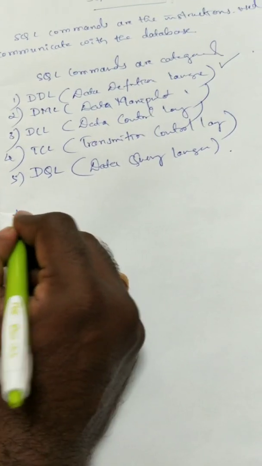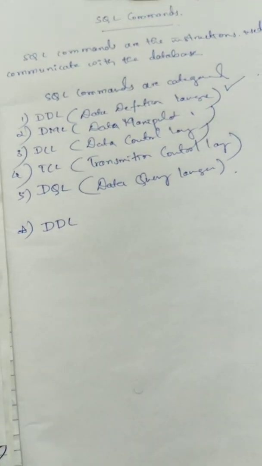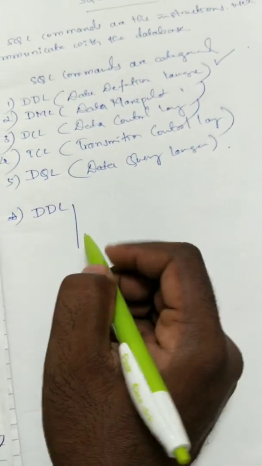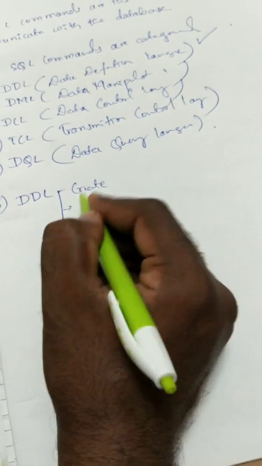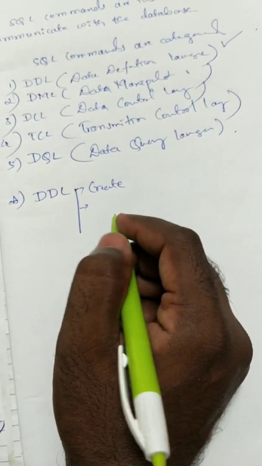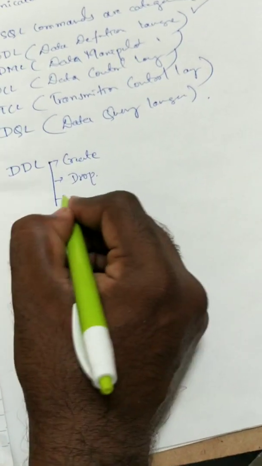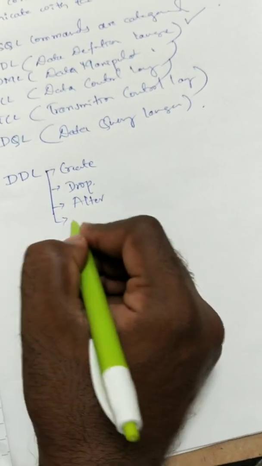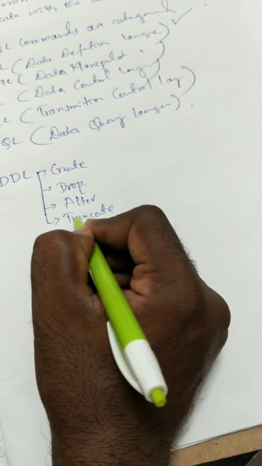Okay, in DDL we have so many commands. The first one is the create command, next we have the drop command, and alter, and the last one is truncate.